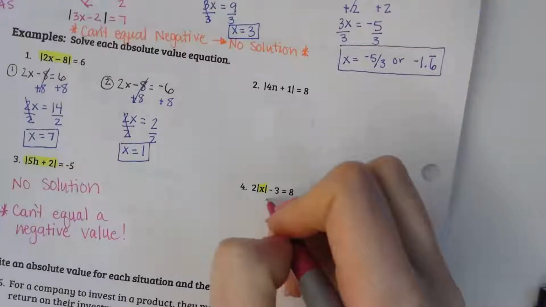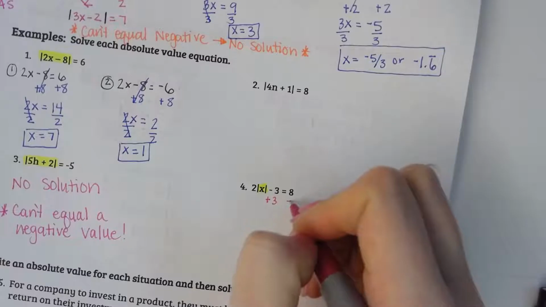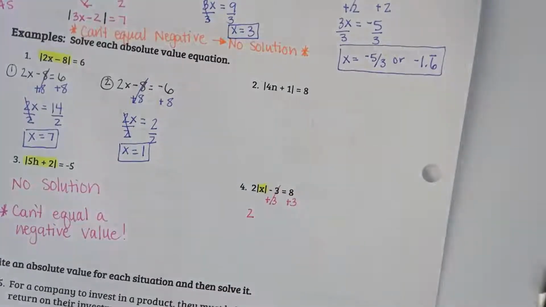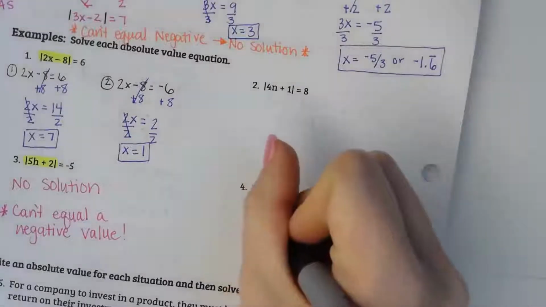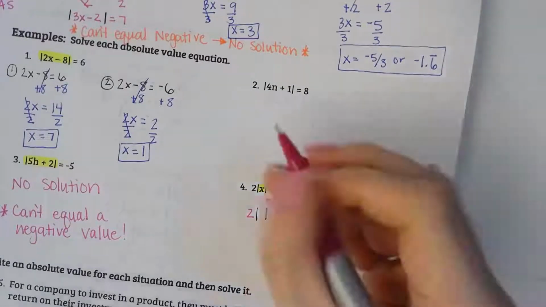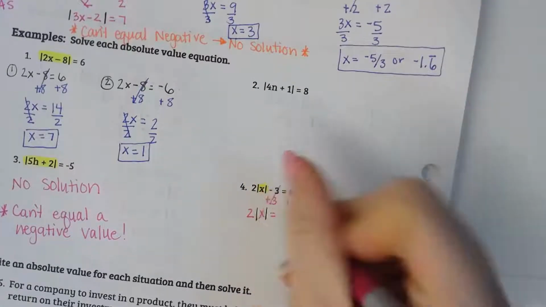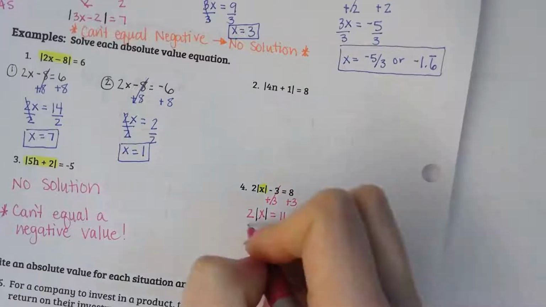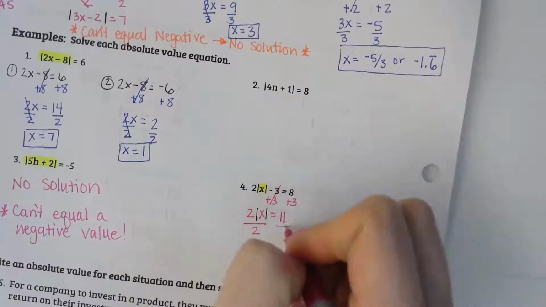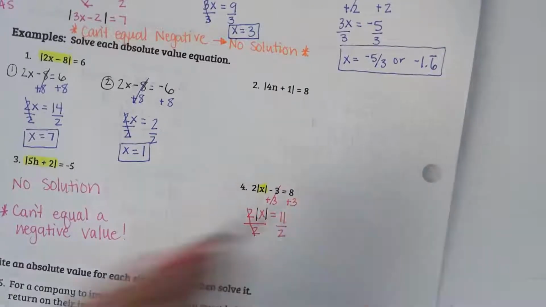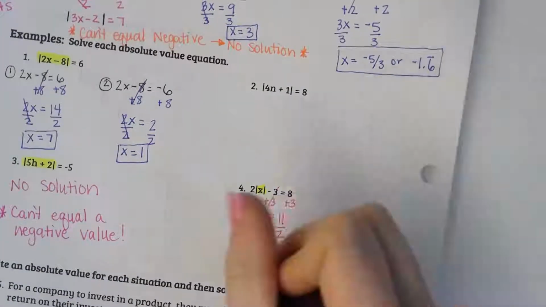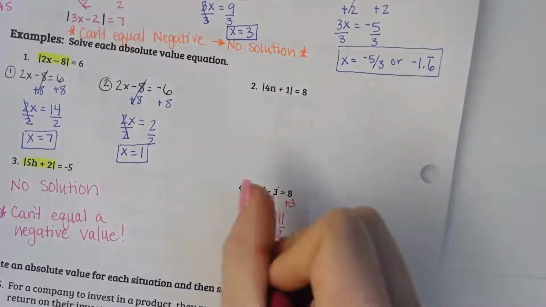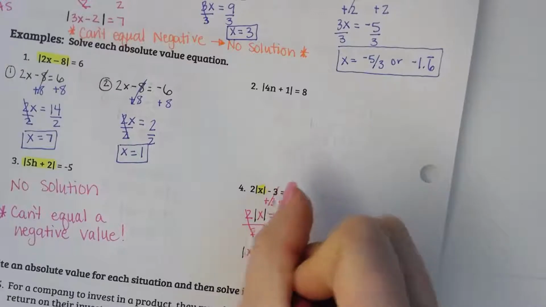So I'm going to start by adding 3 to both sides because opposite order of operations. 8 plus 3 is 11. Now we're going to divide by 2. So absolute value of x equals 5.5.